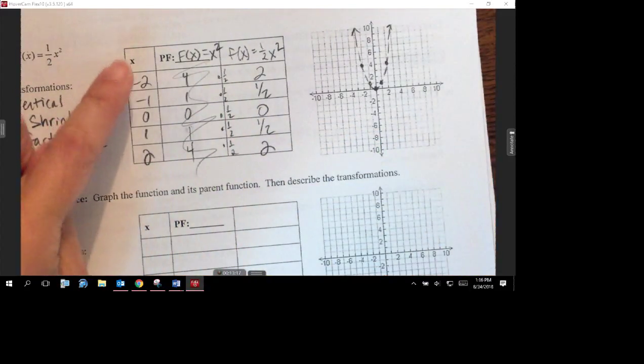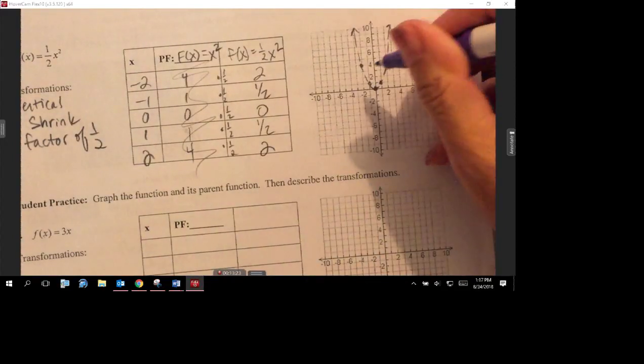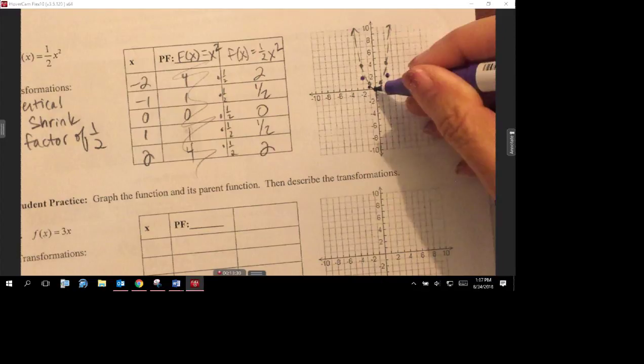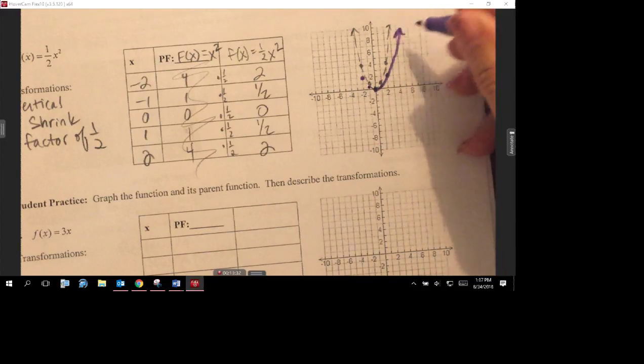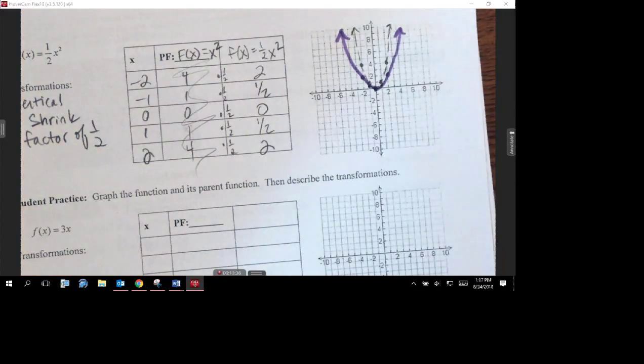We have to graph those x's with the new y's. And it should be wider because it's getting pushed down, shrinking vertically.